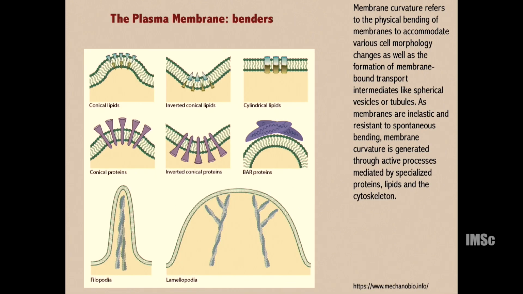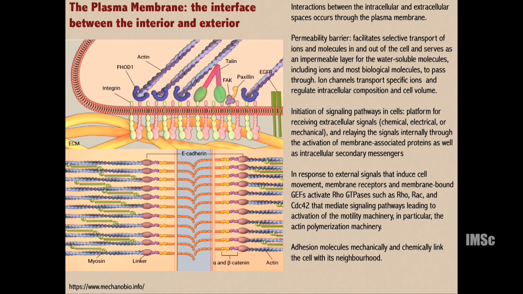Membranes can also be bent by, as I said, lipid composition, but also by proteins that have shapes that influence the shape of the membrane. And of course, membrane can also be bent by the cytoskeleton itself. So those are the ways in which the plasma membrane can be shaped.